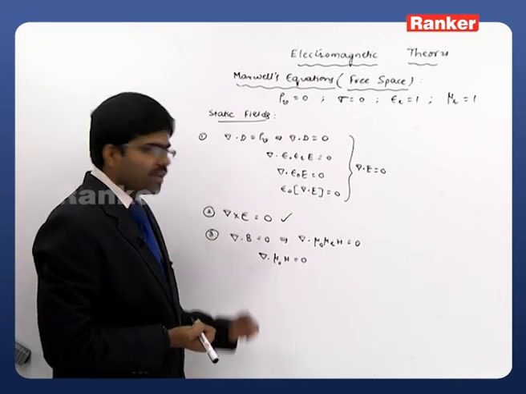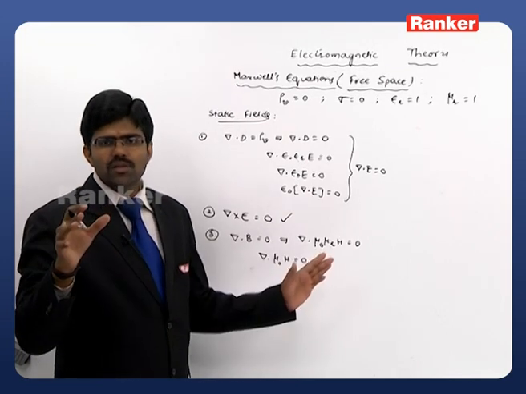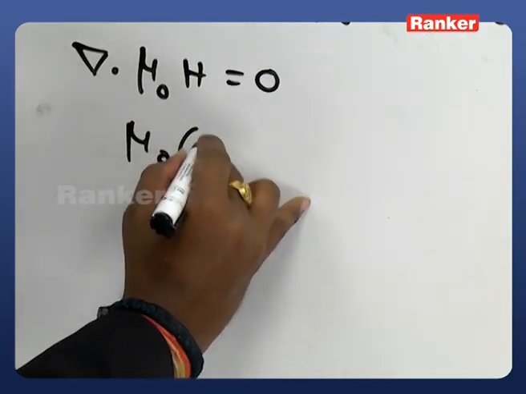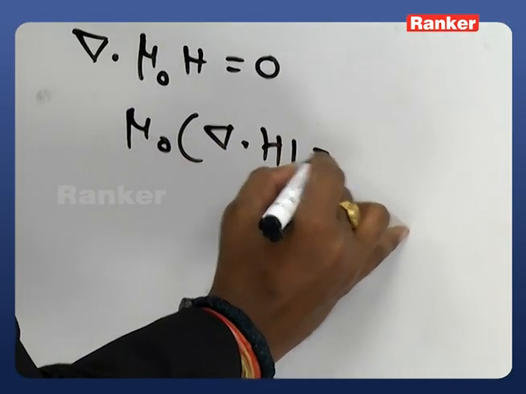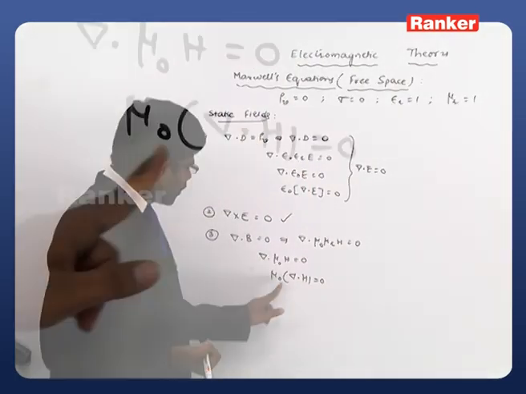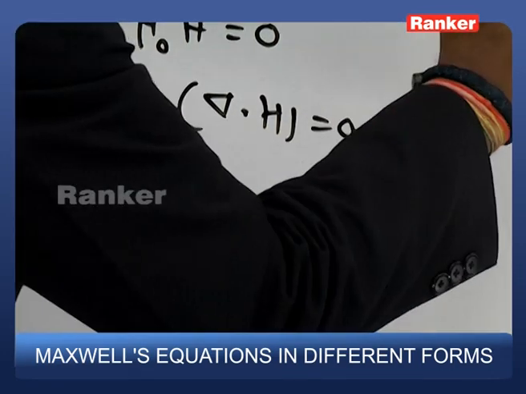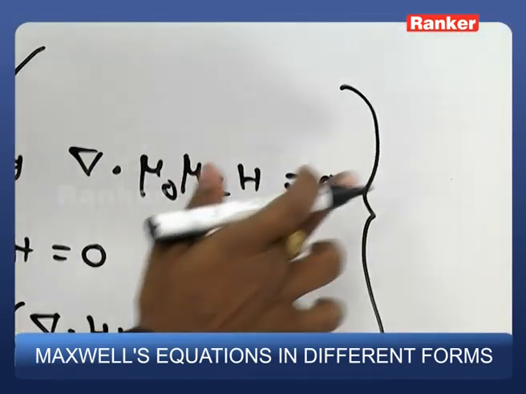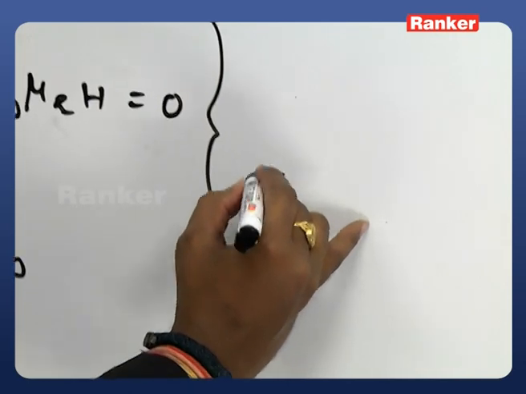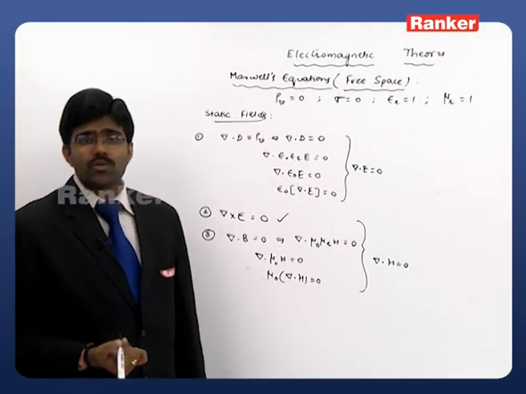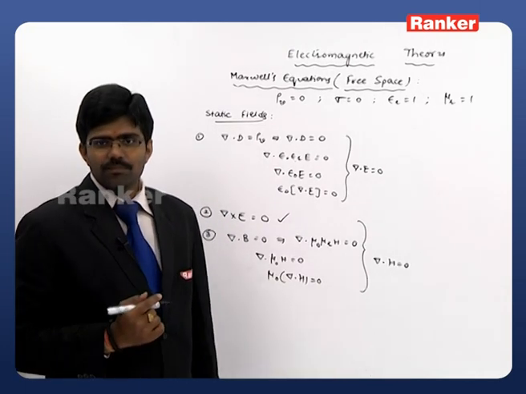Now we are considering a linear medium, that is free space. Therefore this can be written as mu naught del dot H is equal to 0. Since mu naught is not equal to 0, we can say that del dot H is equal to 0. This is the equation you are supposed to remember for free space, right?